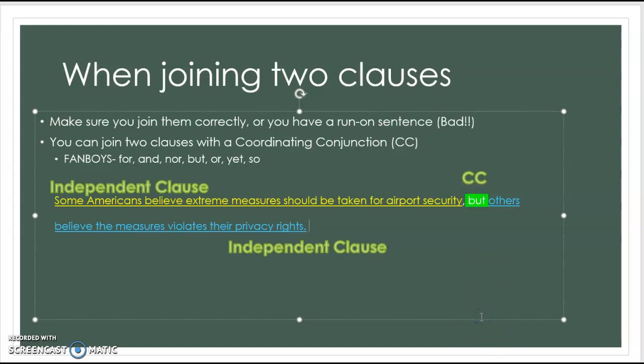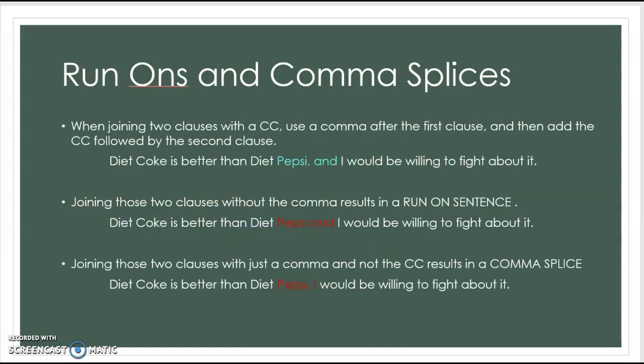And this is when you're joining two independent clauses. Another way to think of it: when joining two clauses with a coordinating conjunction, use a comma after the first clause, and then add the coordinating conjunction followed by the second clause.